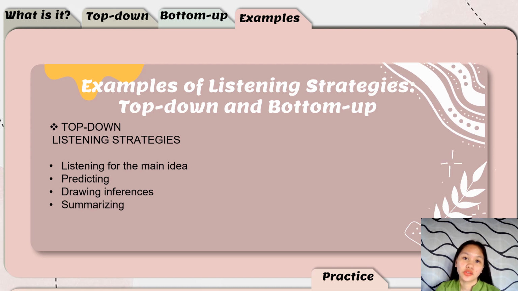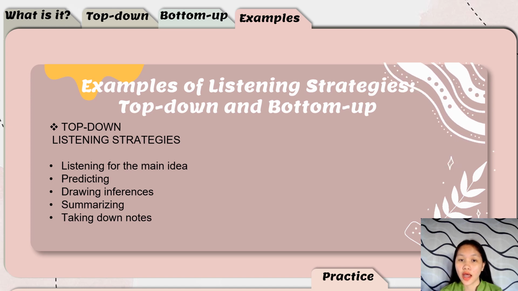Next is summarizing. You are getting the important idea or the main idea itself. And last, taking down notes. Always remember that top-down listening strategy is about the whole context, the main idea of a listening text or the general idea of the text.